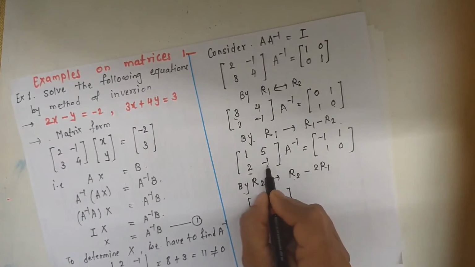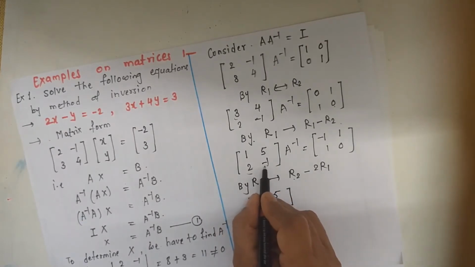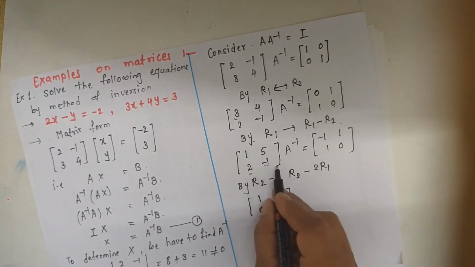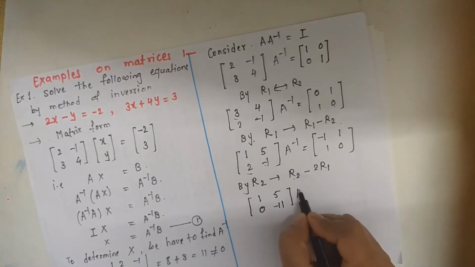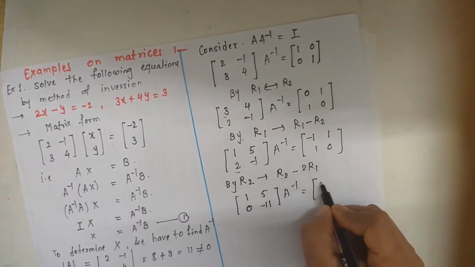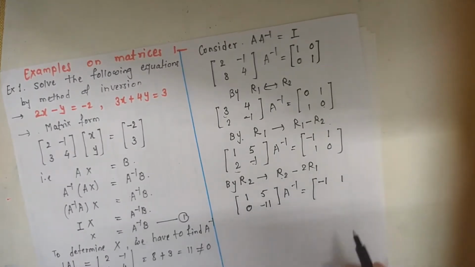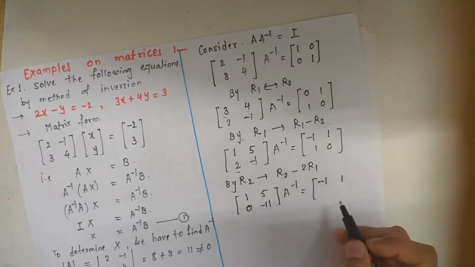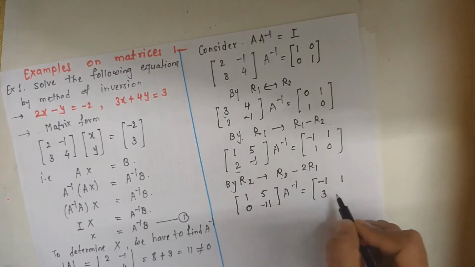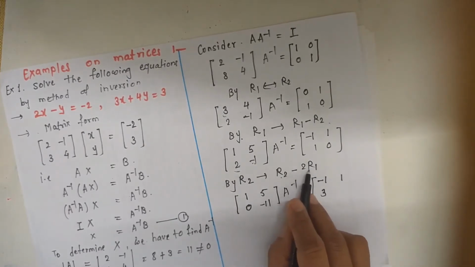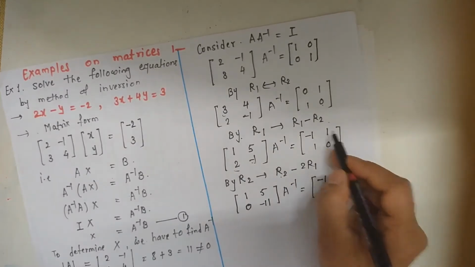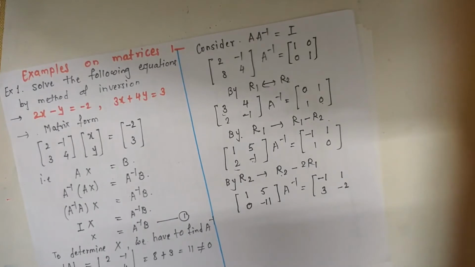The same transformation applied on the second element: minus 1 minus 2 into 5, so minus 1 minus 10 is minus 11, into A inverse is equal to the same transformation applied on this side on R2. First row as it is, R2 minus 2 into minus 1: 1 minus 2 into minus 1, 1 plus 2 is 3, and 0 minus 2 into 1 is minus 2.